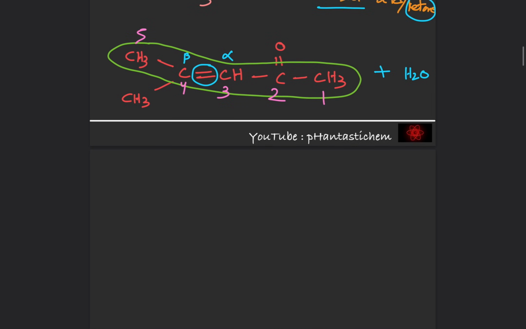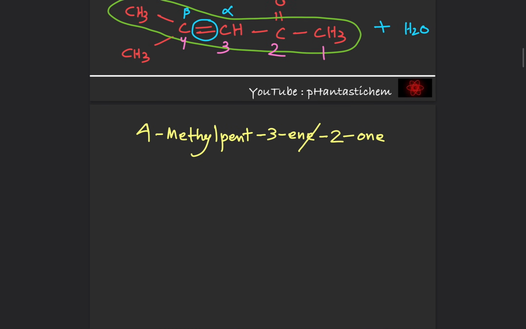In the fourth position we have our substituent methyl, so it will be 4-methyl. There are a total of 5 carbons, so pent. In the third position we have the double bond, 3-ene. Then in the second position we have the ketone, 2-one. So remove this e. Therefore the final name will be 4-methylpent-3-en-2-one.